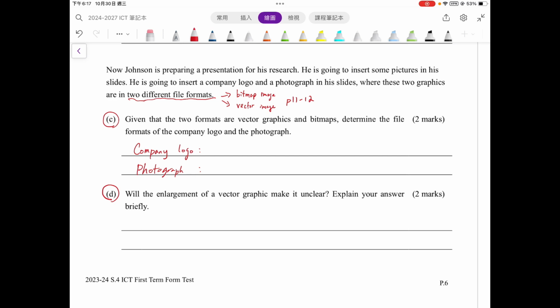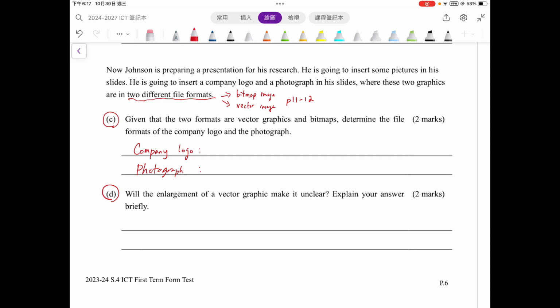Okay, so for the first one, company logo, it is obviously used for commercial purposes. So for example, you want to make a business and you want to show the logo. And of course, if you want to show the logo, you are trying to promote something to outside. And you don't expect that when somebody is playing around with your logo and trying to resize it, it will have some kind of squares, or we call them pixels, coming out from the image.